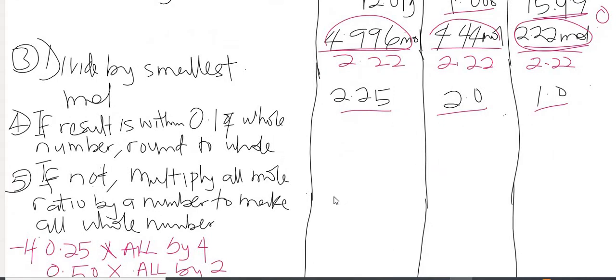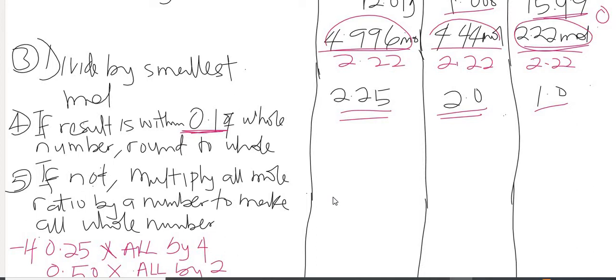Now, if the result is within 0.1 of a whole number, we round it to the whole number. However, for the values that we have here, the result is not within 0.1. We have 2.25, so that is far away from a whole number.